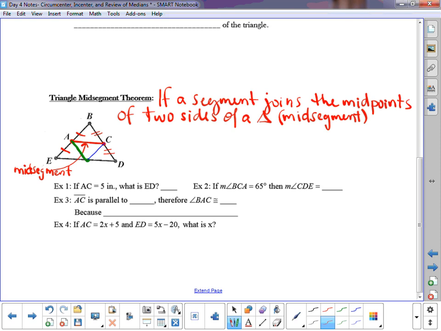Alright, so if a segment joins the midpoints of two sides of a triangle, then the segment is parallel to the third side.